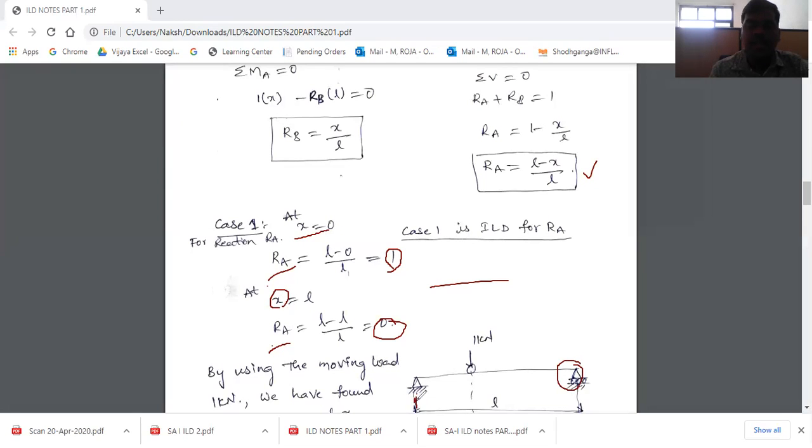This RA doesn't have any magnitude or reaction at B. That means reaction RA doesn't have any power at B.